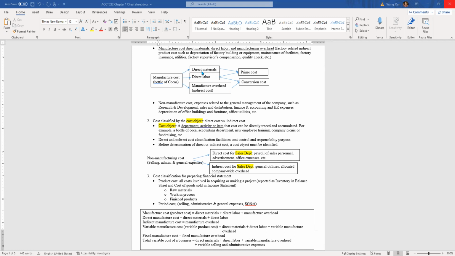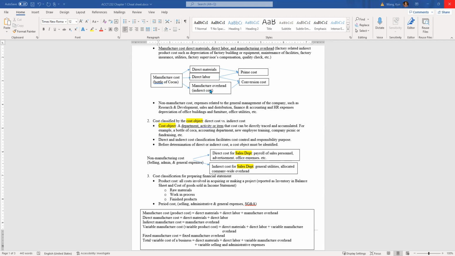So why do we call them direct material and direct labor? Because those cost items can be directly traced to the bottle of Coke, like the ingredients, like the direct labor, can be directly traced and accumulated by the products.